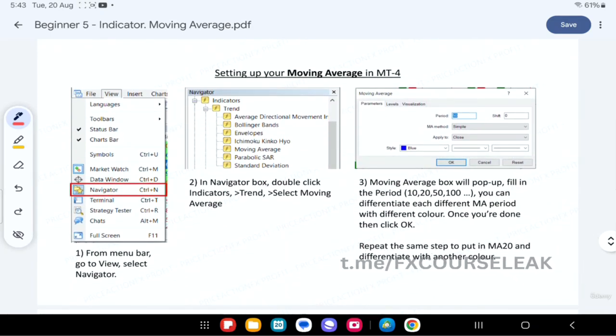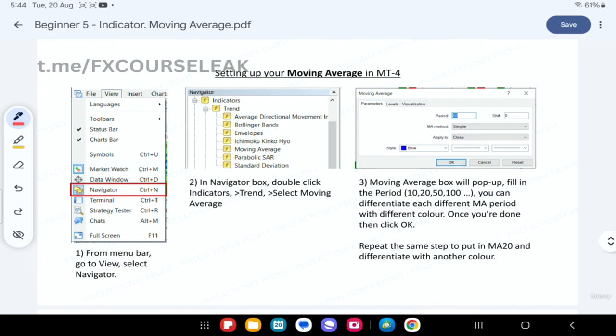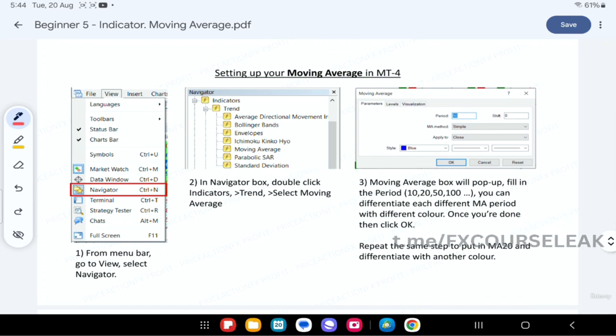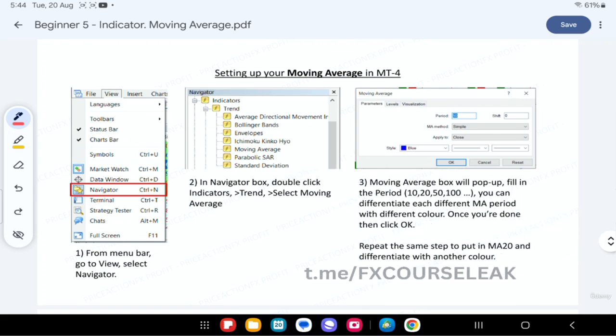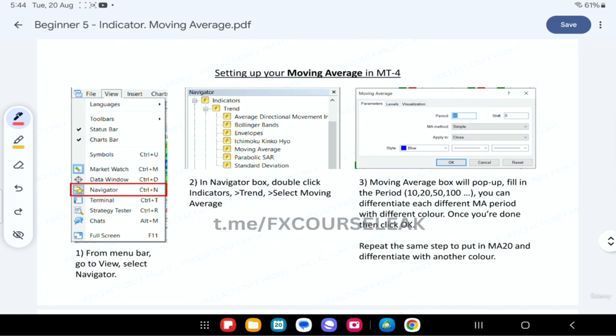In your trading platform, MT4, you can always set up your moving average on your chart. This is an example using MT4, the Windows version. In the menu bar above, find View.